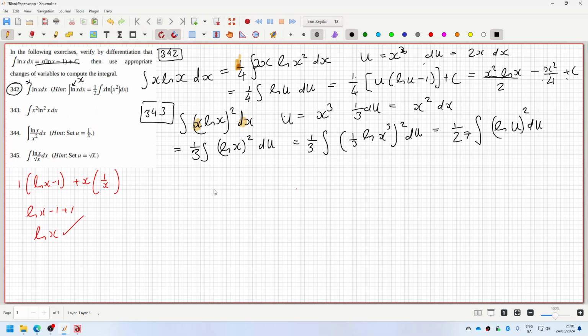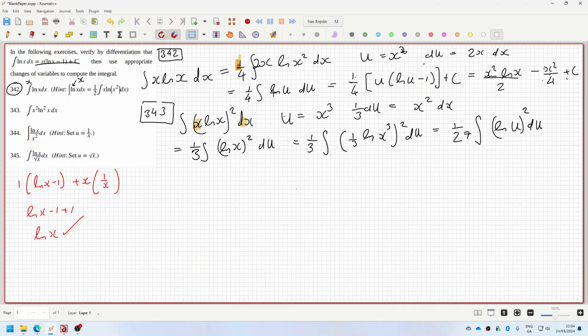Close. Close. What substitution to use though? The square on the log is the problem. Think again.